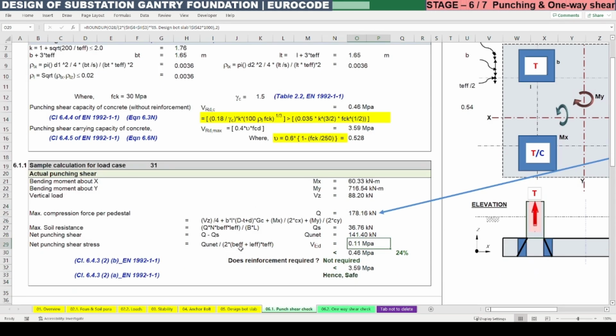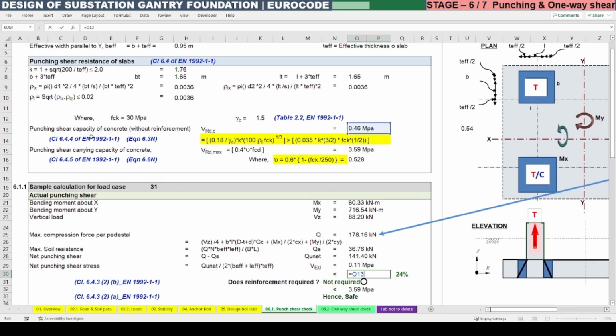So we are applying these four sides strip into the effective thickness in order to calculate the net punching shear. So it is 0.11 megapascal, which is less than the punching shear capacity which we have calculated. So hence no shear reinforcement is required.